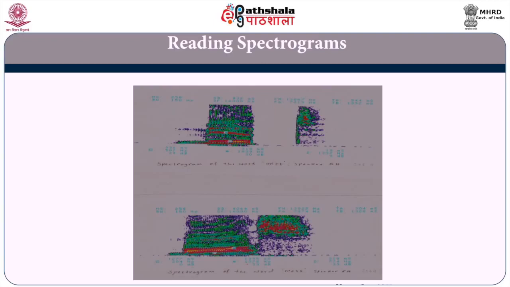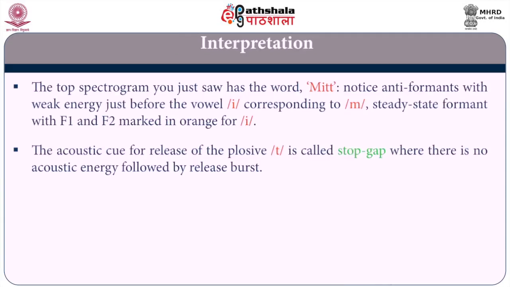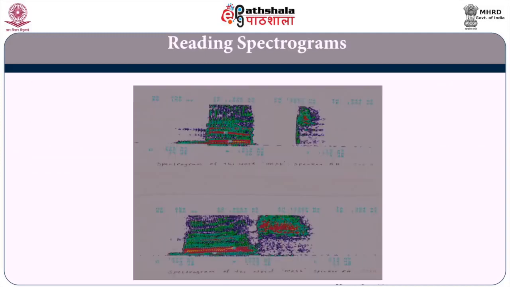That corresponds to vowel e, which is very loud, and therefore you see red colored bars, 3 of them. And then you have stop gap. Because the word is ending in a voiceless plosive, there is no voice bar. It is called stop gap. And then the t in mit is released. The plosive t is released. So this is called release burst, the last part of it.